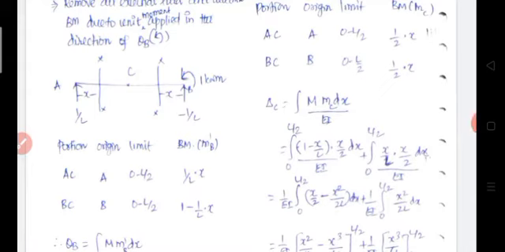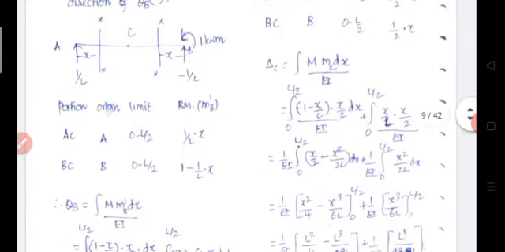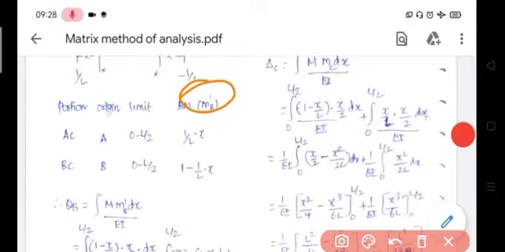So VA is equal to 1 by L, then VB is equal to minus 1 by L from the equilibrium equations. Then determine the bending moment, that is the small m dash value.